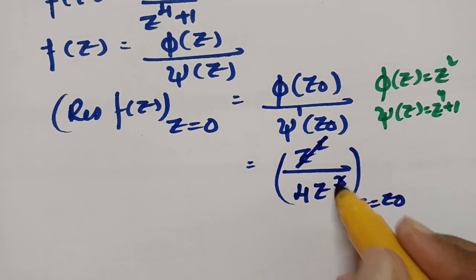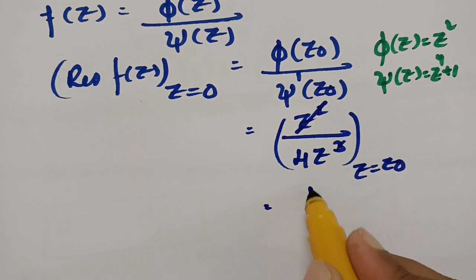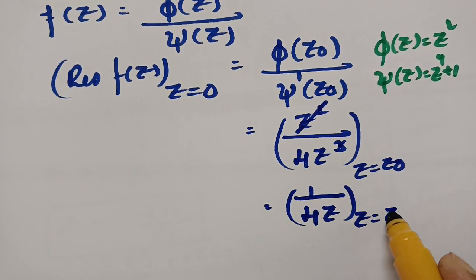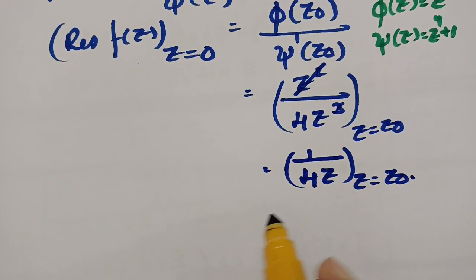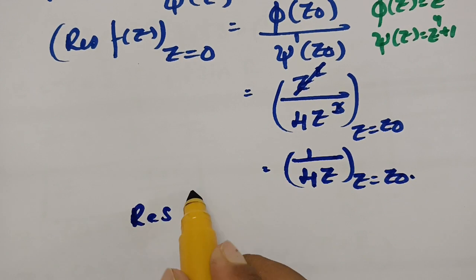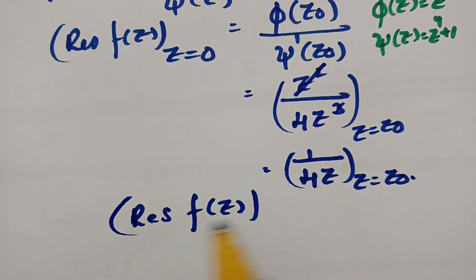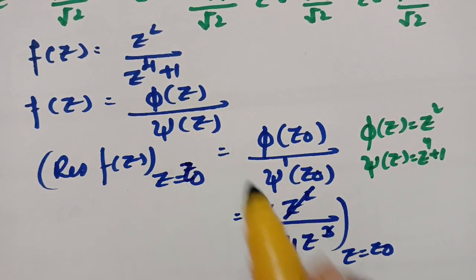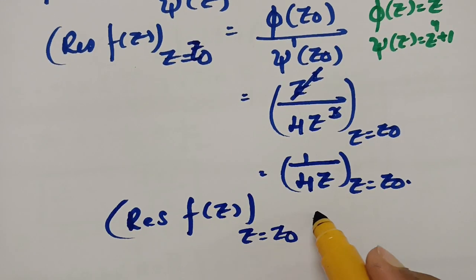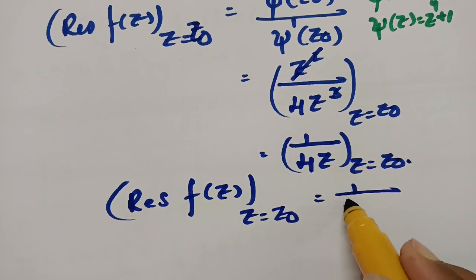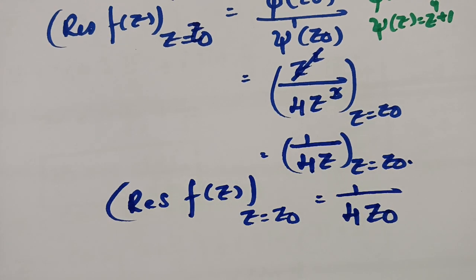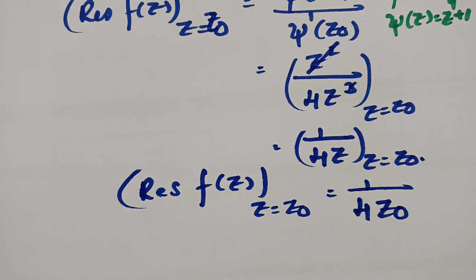If I cancel z square two times, what remains here is 4 by z. Therefore the residue of f of z at the point z is equal to z naught is 1 by 4 into z naught. Clearly we have four pole values here.